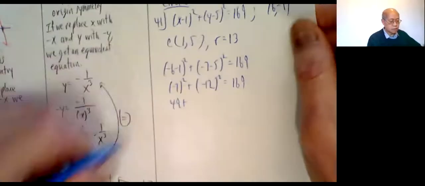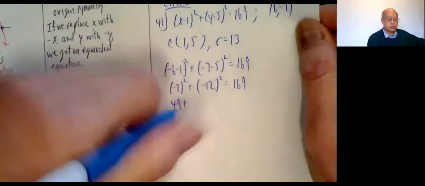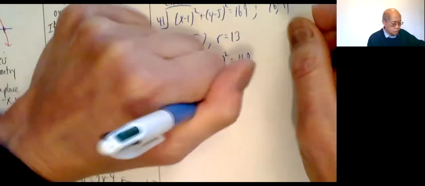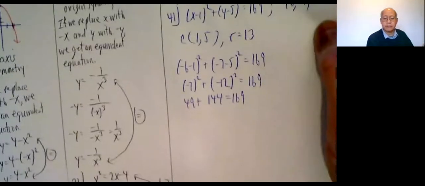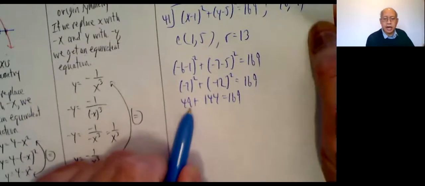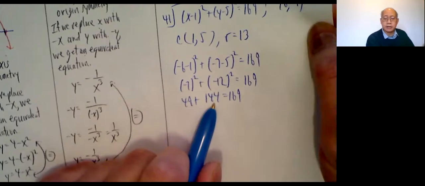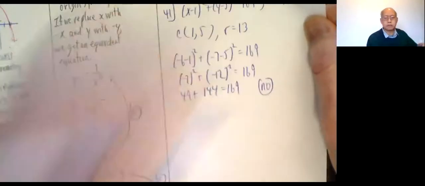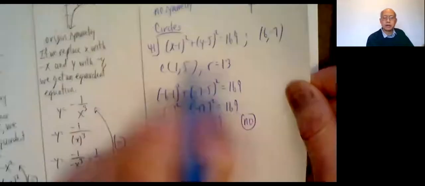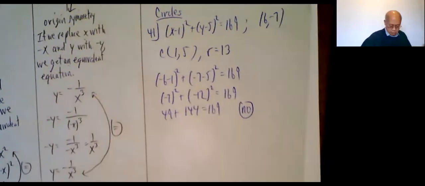Okay, -7 squared is 49. -12 squared is 144, equals 169. That isn't going to work, right? I can tell right away. I don't even have to do the whole thing. 9 plus 4 is 13, right? So the one unit has to be 3, but this is already a 9. So no. So this point is not in the circle. That's all.